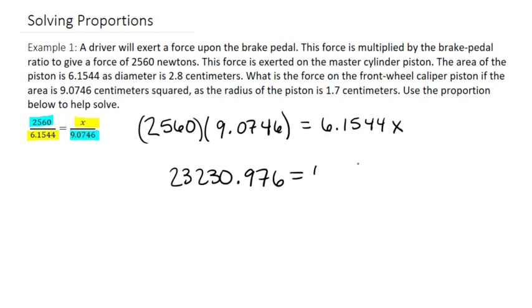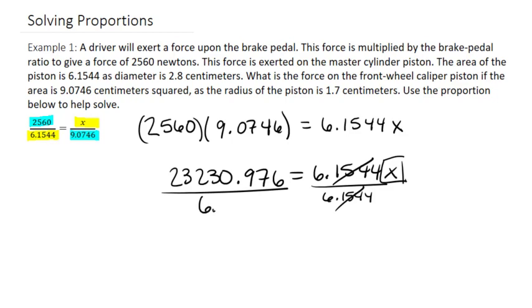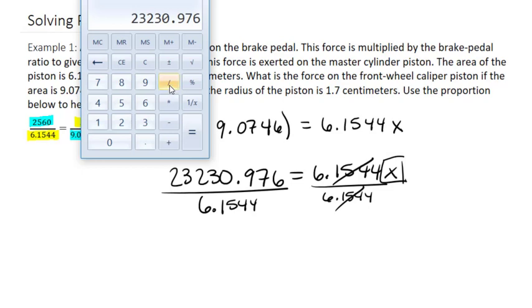Which is equal to 6.1544x. Now we need to get x by itself because that will tell us the force on the front wheel caliper piston. So how we solve for this is we're going to divide, and we're left with 3,774.7.